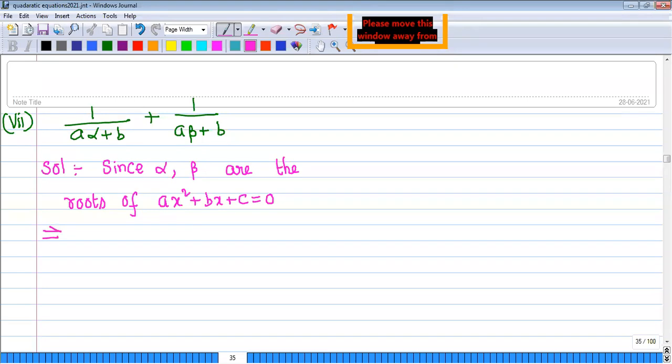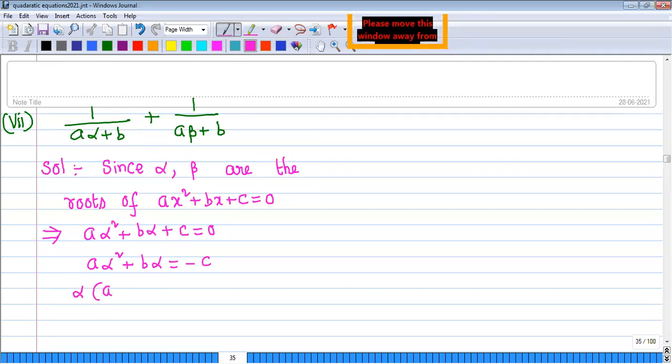So that implies if you replace x with alpha, it should satisfy. So we get a alpha square plus b alpha plus c is equal to 0. Now transpose positive c to the right hand side. So we get a alpha square plus b alpha equals negative c. In the left hand side, take alpha common.